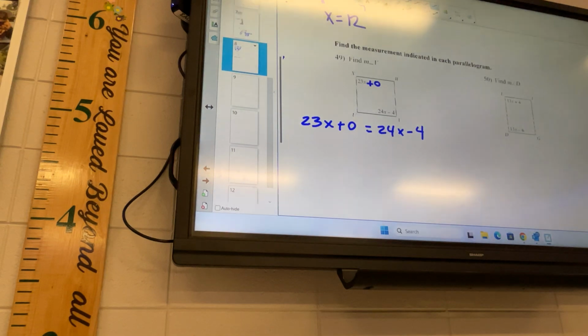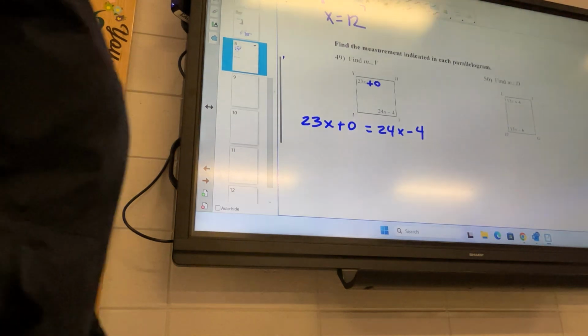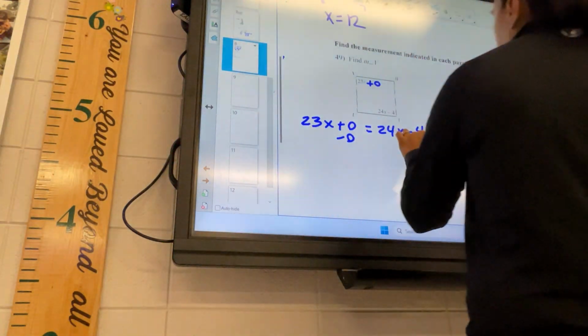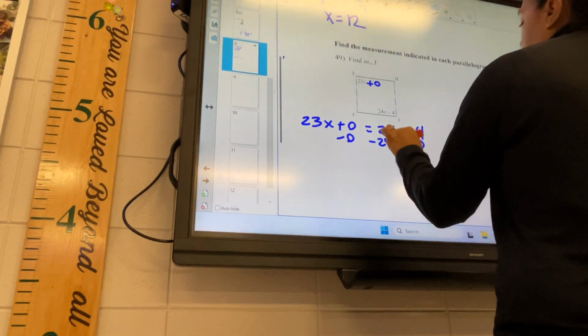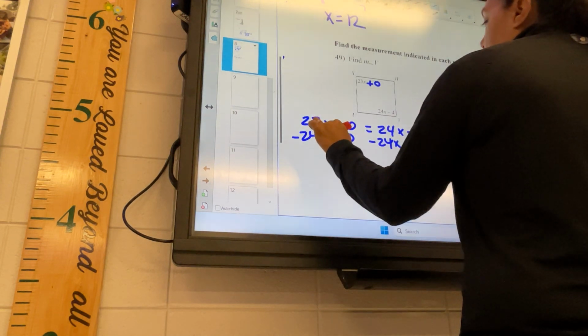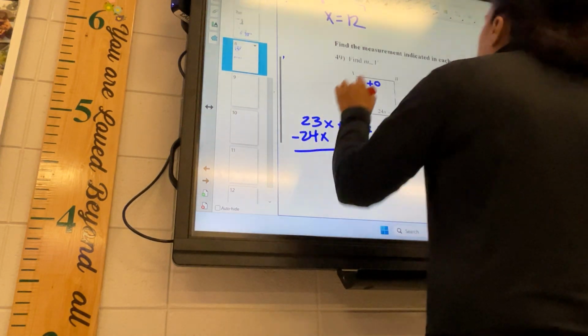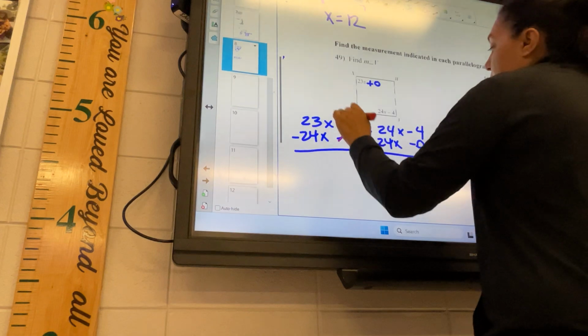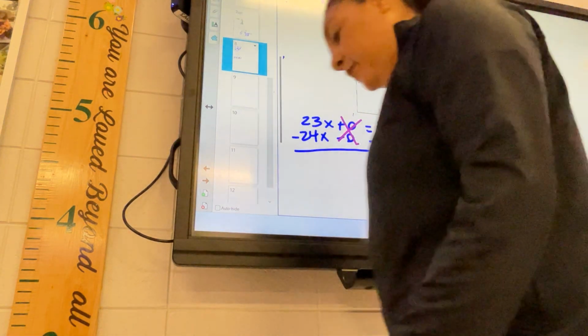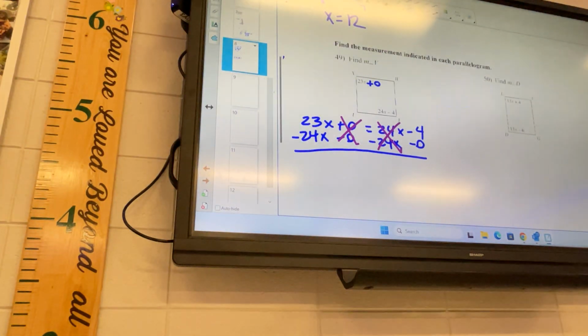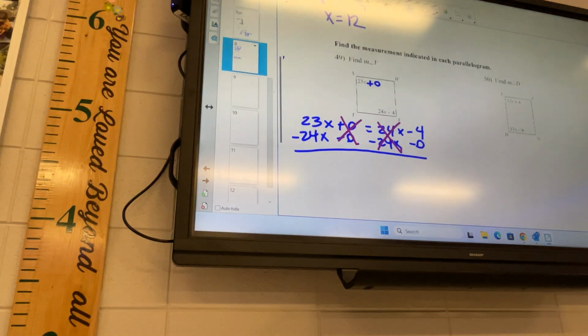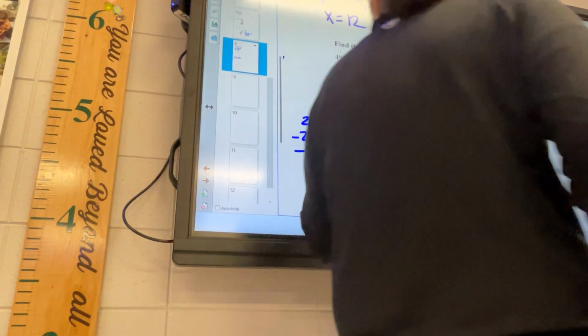We're going to move our letters to the left and the numbers to the right. Who needs moved? The 0 needs moved. Who else? The 24x. Do you have to add the 0? No. Some of you guys definitely need to, but some of you are better at math, which is okay. 23 minus 24 is negative 1x.